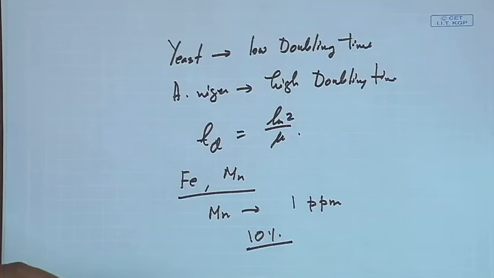So you can see the tremendous effect we have on this citric acid fermentation process. As I pointed out, cane molasses is the most suitable substrate for citric acid fermentation, and it contains a good amount of iron and manganese.